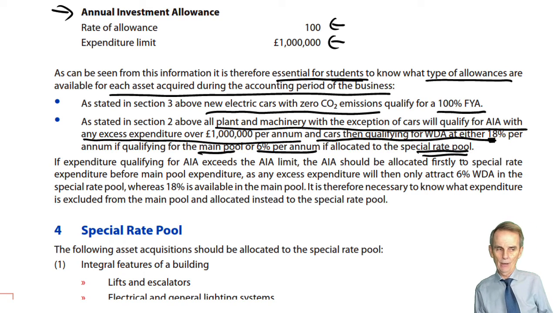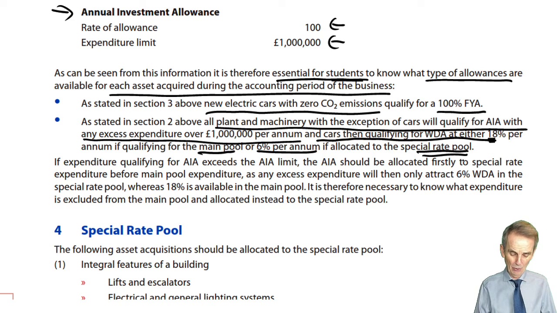We had 300. Therefore, AIA was limited, and the balance then went into the pool, there the main pool, in relation to your available WDA.